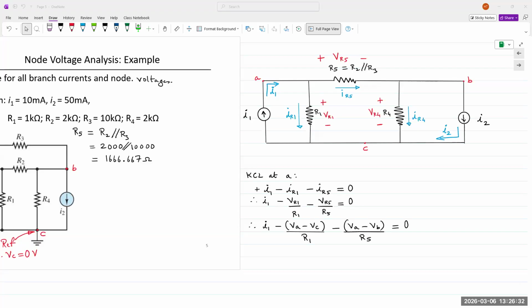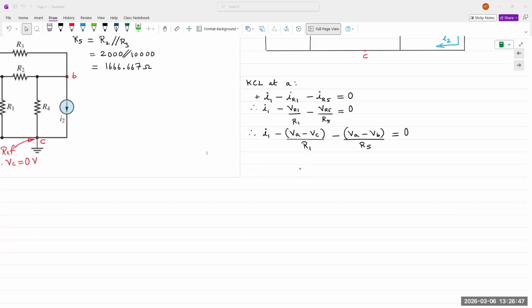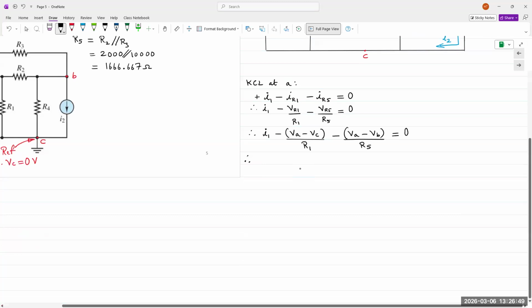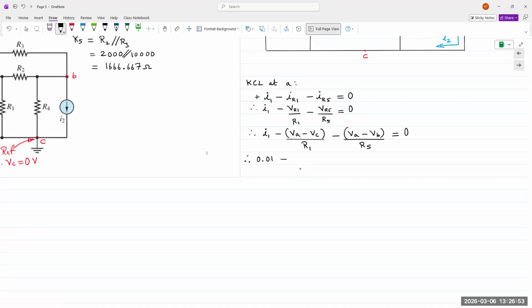All right, all that remains now is to plug in all the known values. All the known values means the resistor values, the current sources, the voltage sources, everything that we have. Plug in and generate our equation. So I1 is given to us as 10 milliamps. So 0.01 minus VA minus 0.